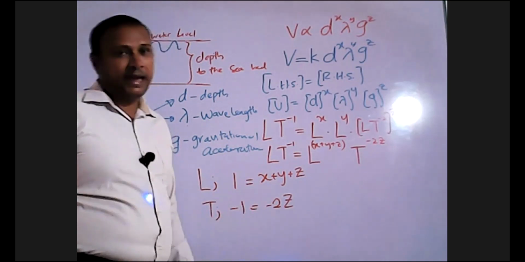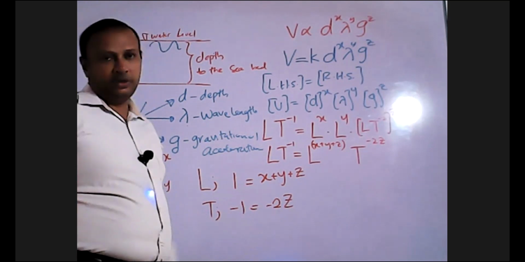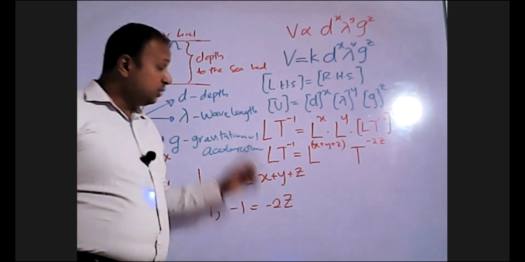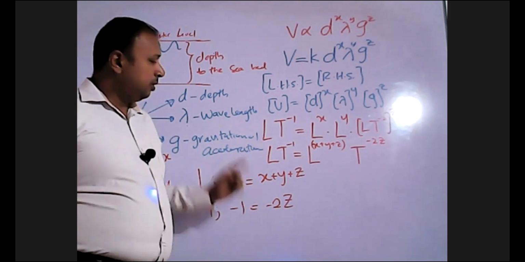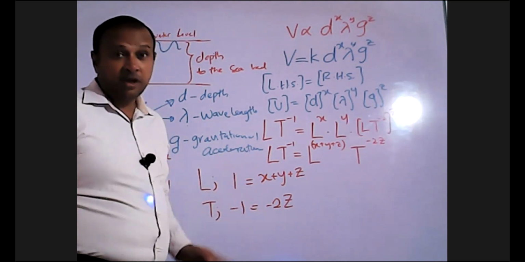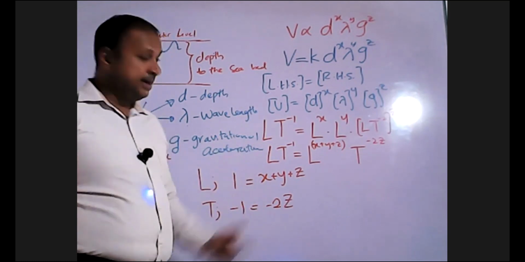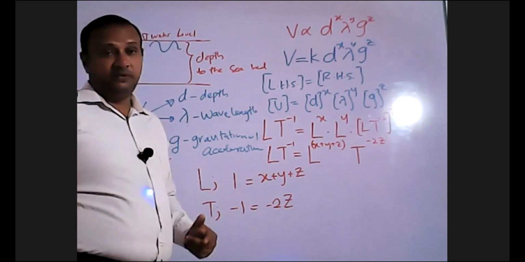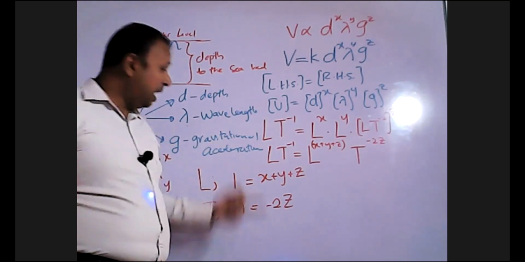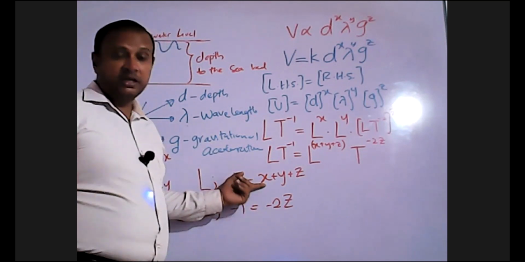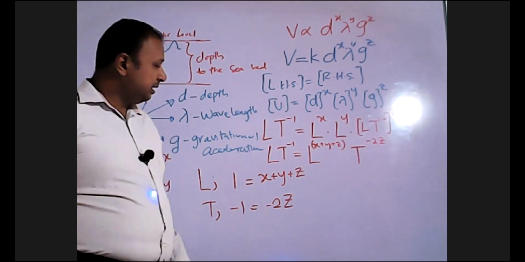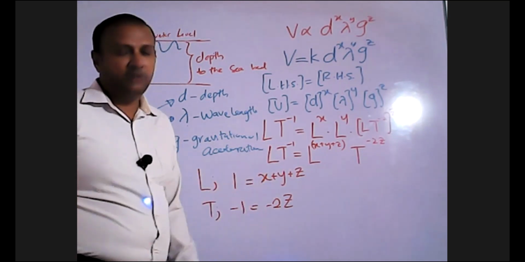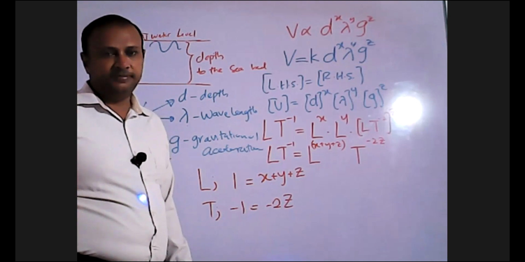Otherwise, you cannot solve this question. This is a limitation of this analysis. We should have enough data to evaluate unknown factors. Otherwise, we cannot evaluate a relationship between the given physical quantities.